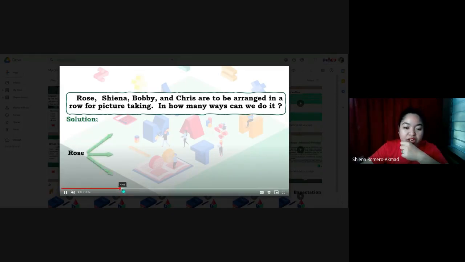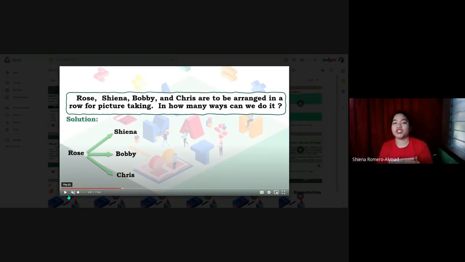Pag nagsimula tayo kay Rose, yung next position, meron tayong 3 choices. Ulitin ko. Sa first position, we have 4 persons to choose. Kunwari, pinili ko si Rose. So, 3 na lang, pipili ako ng isa para sa second position.